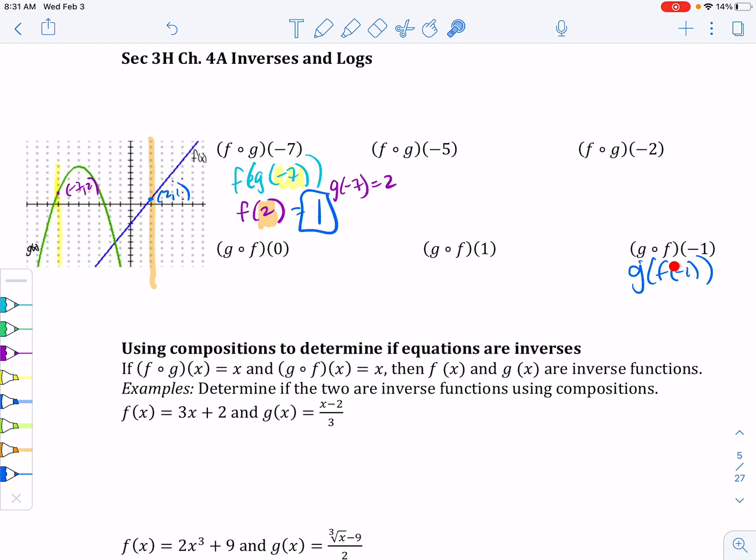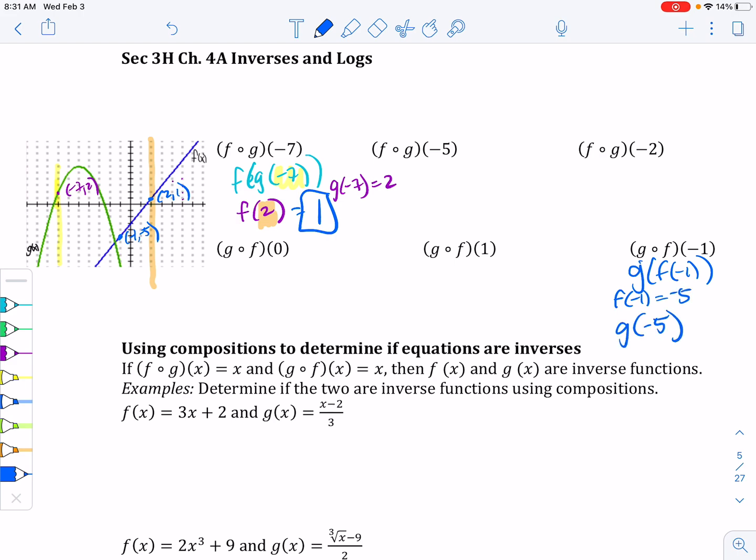So you want to make sure I'm looking at the f one. So if we look at the f one, at negative 1, that's the blue one, so we're down 1, 2, 3, 4, 5. So this is negative 1, negative 5. So that means that f of negative 1 is negative 5.